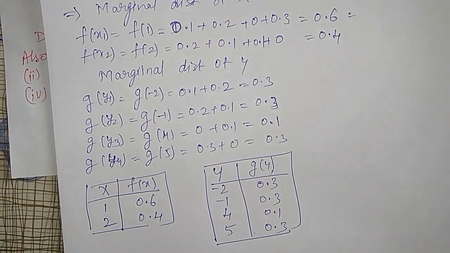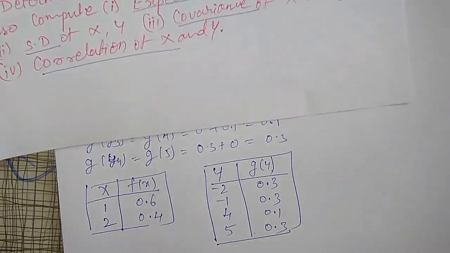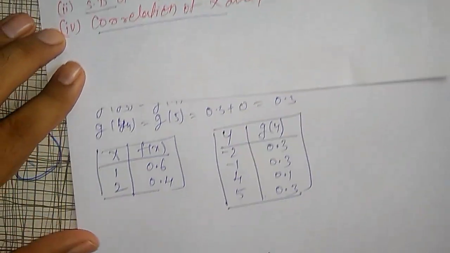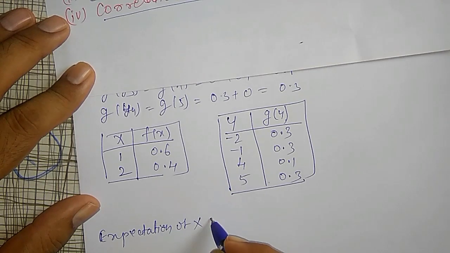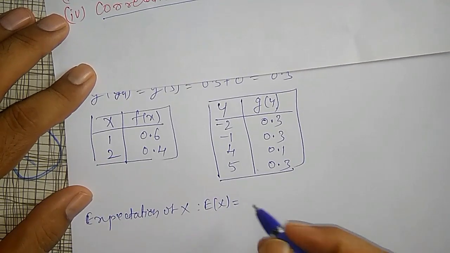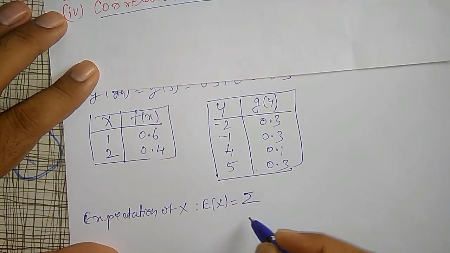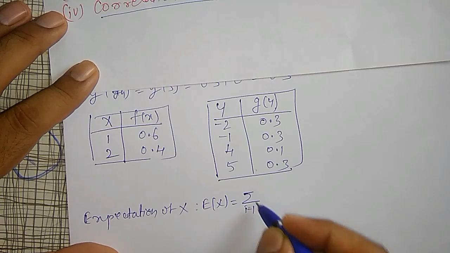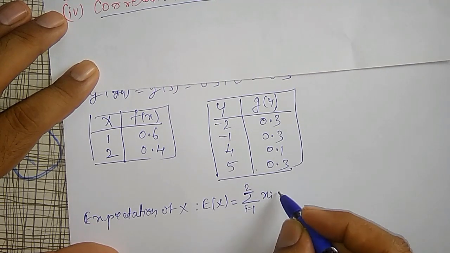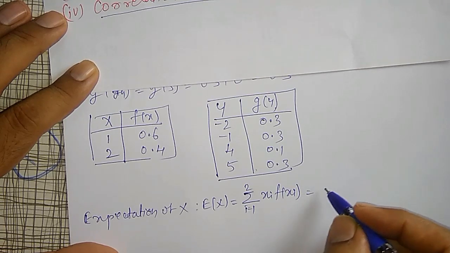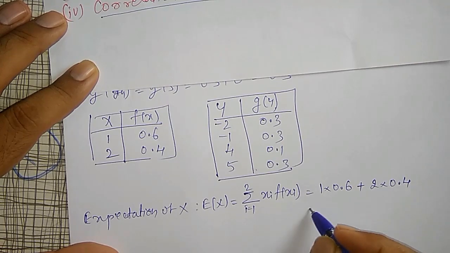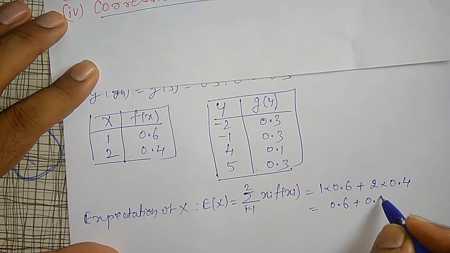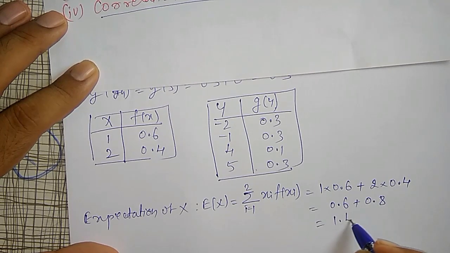Okay, then using them, according to the problem, I have to find expectation of x. Therefore, expectation of x, E of x is equal to summation of i equal to 1 to 2, xi into f of xi, that is 1 into 0.6 plus 2 into 0.4, that is 0.6 plus 0.8, that is equal to 1.4.